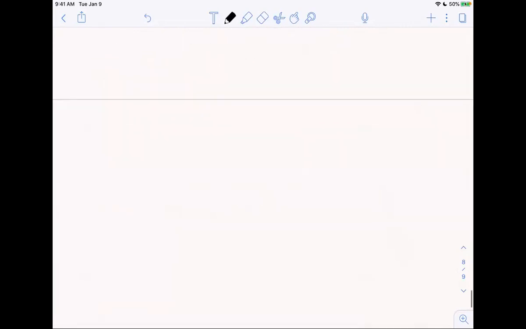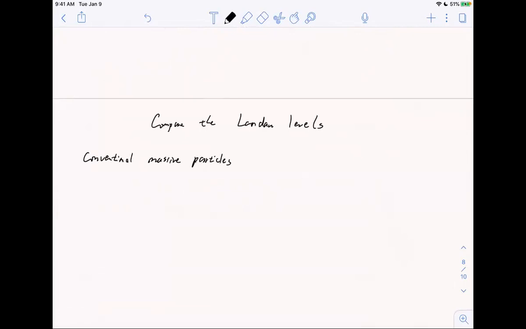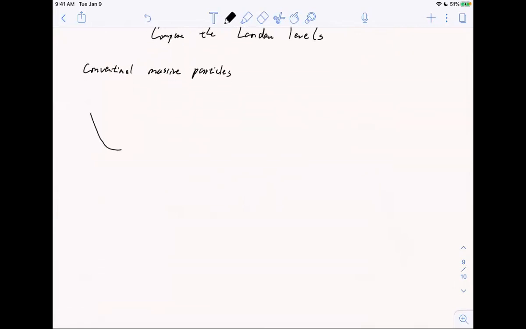That is the result. So let's compare the Landau levels. Conventional massive particle. Okay, let's draw this one, something like that.